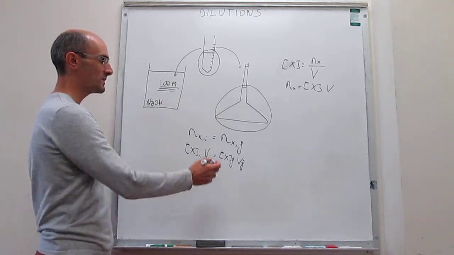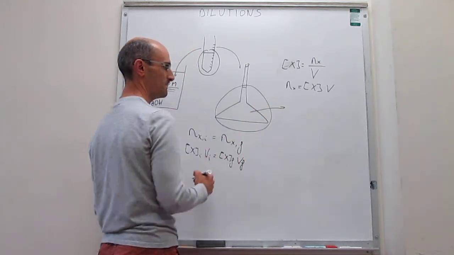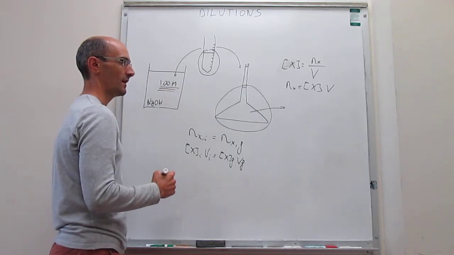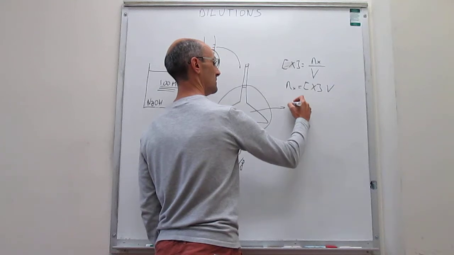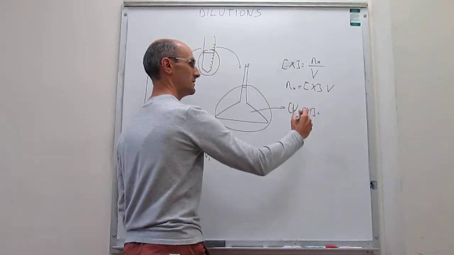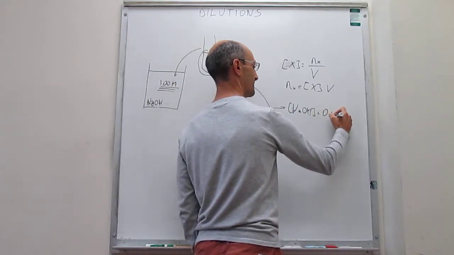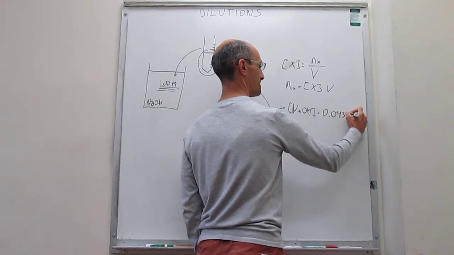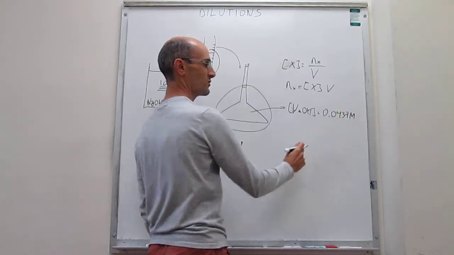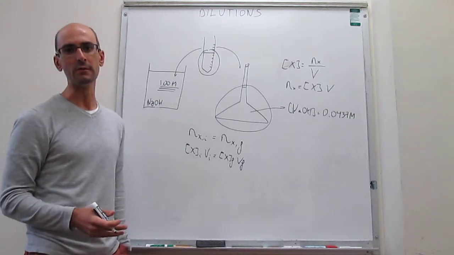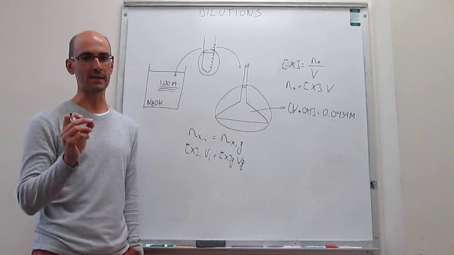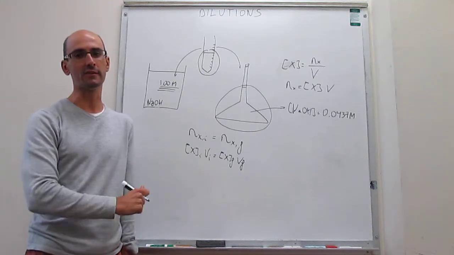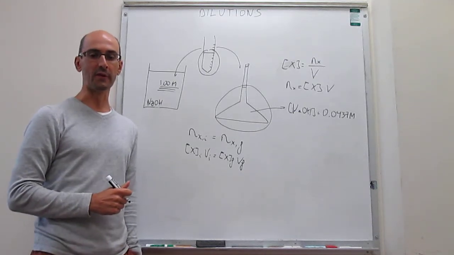Suppose my target solution is going to be a molar concentration of sodium hydroxide of 0.0437 molar. This looks like a pretty exotic number, but that might be because you want to carry out a reaction in solution with exactly that concentration, and you need it in order to perform the experiment correctly.